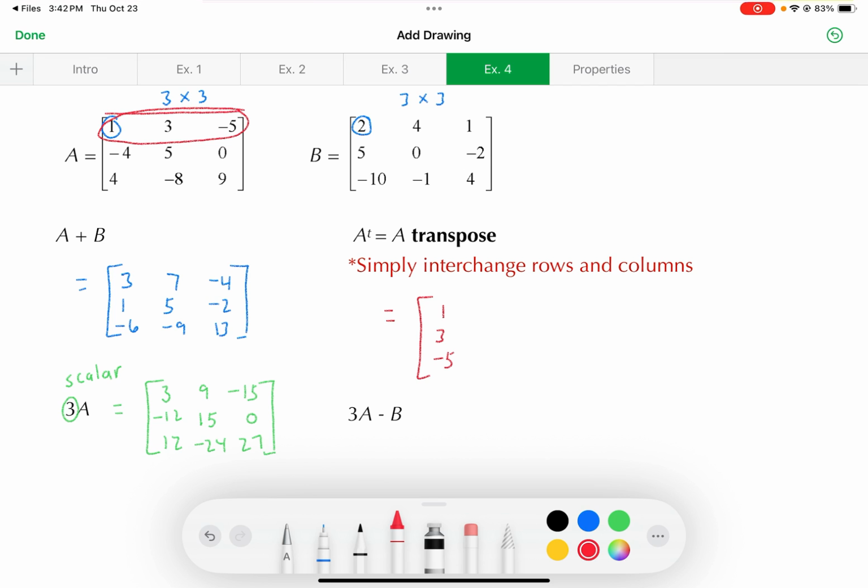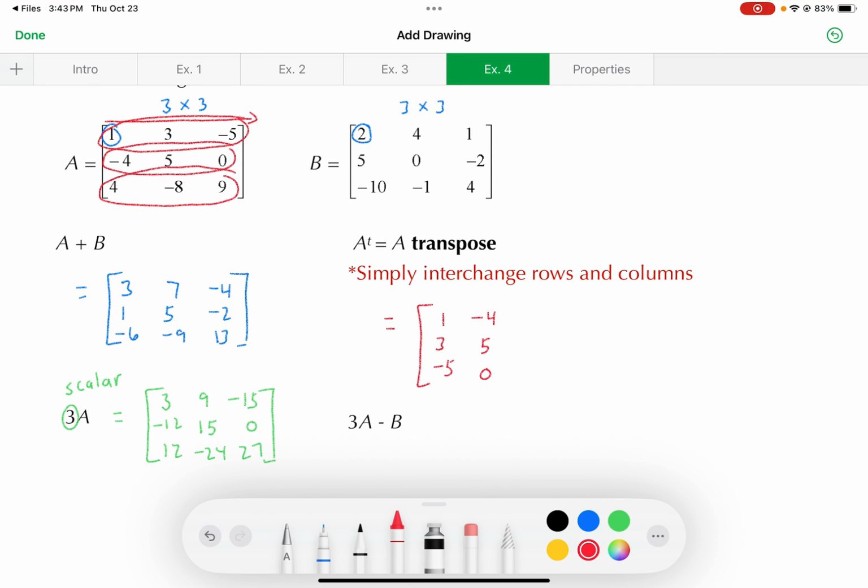I work from left to right, and then when I place them as a column, I'm working top to bottom. I'll take the second row elements and make them my second column: negative 4, 5, 0. And then my third row elements, I will make my third column: 4, negative 8, and 9.